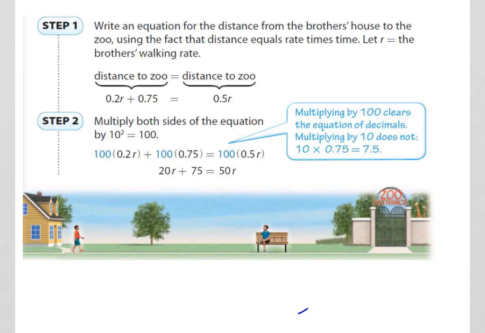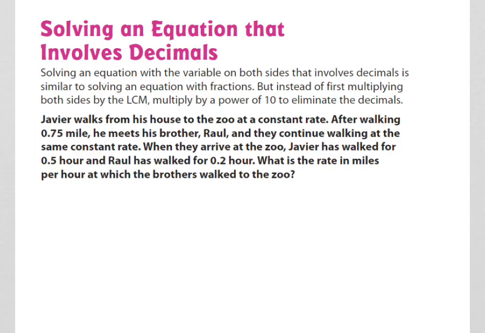So we have to make sure that we understand what part they're talking about. So let's go back and take a look. It says that Javier walks from his house to the zoo at a constant rate. After walking 3/4 of a mile, 0.75 miles, he met his brother. So he went from his house, let's just say point house, he went 0.75 miles before he met his brother.